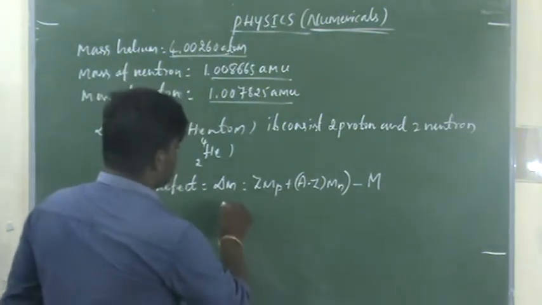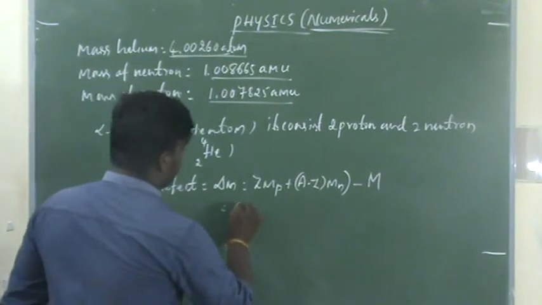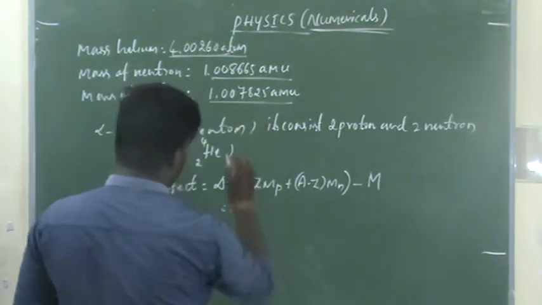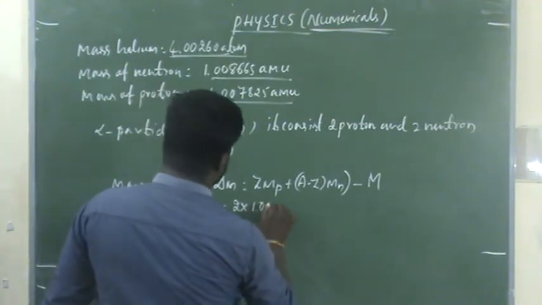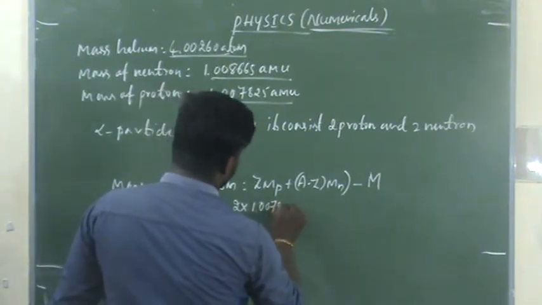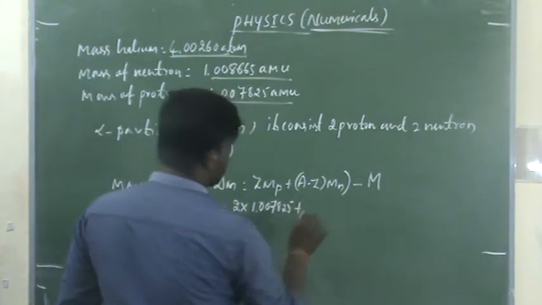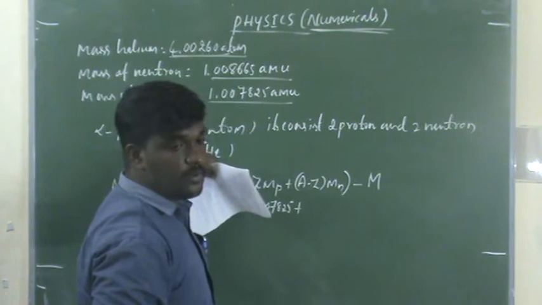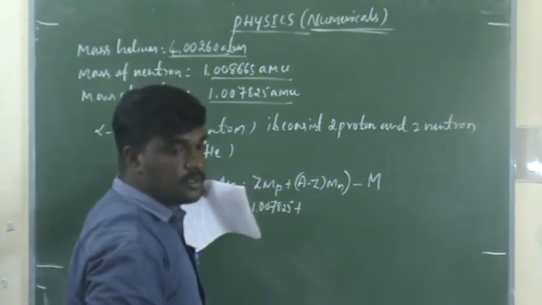Okay, so calculate 2 into the mass of the proton, 1.007825, plus A minus Z. Here the mass number of helium is 4, atomic number is 2.